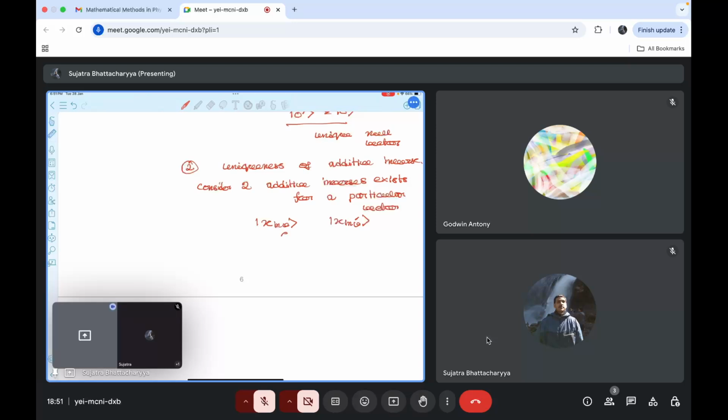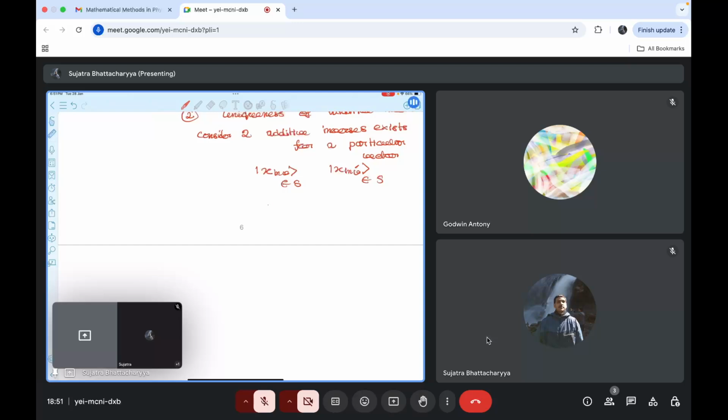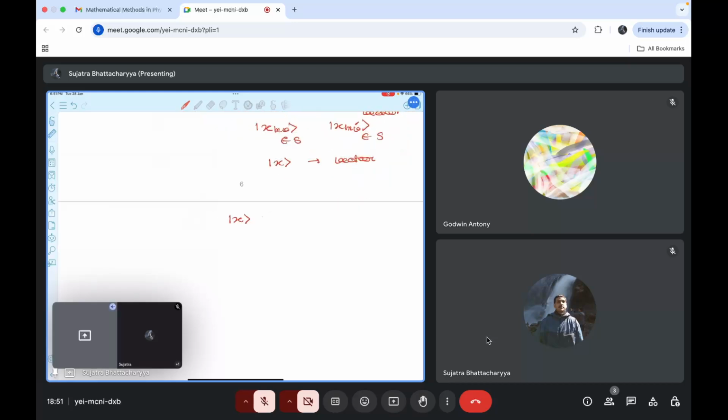Both belong to some vector space S. I know that x, the actual vector, suppose this is the original vector, I can write that x plus x inverse should be equal to the null vector. This is the rule, this is the nature. So now you use the associative nature. Earlier, for the null vector, we used the commutative nature. Here we use the associative nature. So we add x inverse dash.